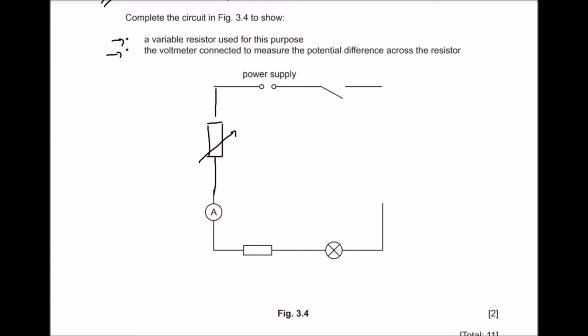You have an option: you can connect your variable resistor to the left or right side. If you connect to the left, then on the right side you just complete the circuit by joining the connections like this. The second part, you need to connect the voltmeter across the resistor. So this is the resistor, and you connect your voltmeter like this.